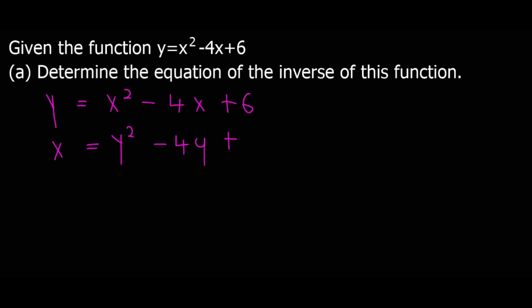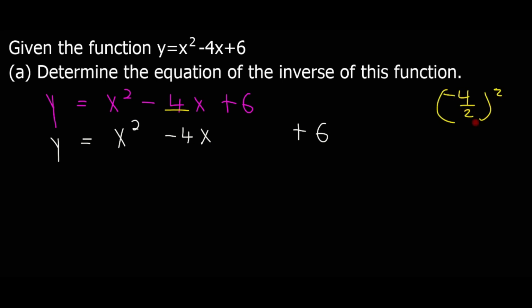So when we have the equation of a parabola that is in the form of ax squared plus bx plus c, the first thing we try to do is complete the square. Here I have y equal to x squared and then minus 4x and then plus 6. Remember always divide by 2. We say b divided by 2, so this is minus 4 divided by 2 and then all squared.